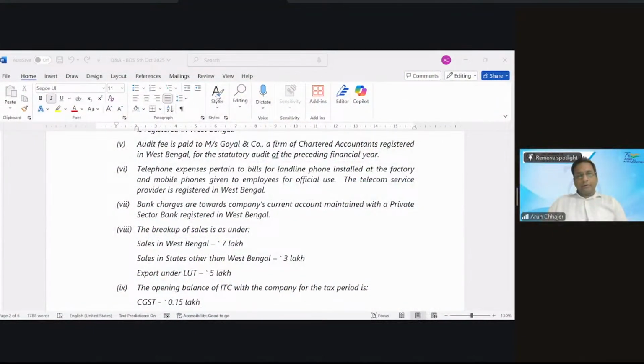So we were talking about, now we'll calculate the total tax liability. The total outward supply sale in West Bengal is 7 lakh. Other than West Bengal, 3 lakh, and export under LUT. Let me write all three in the Excel sheet.